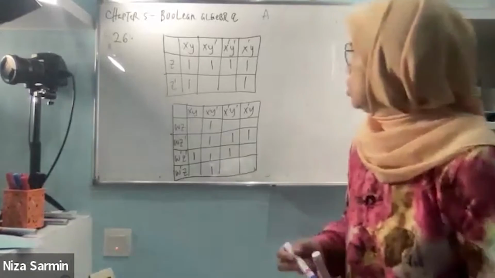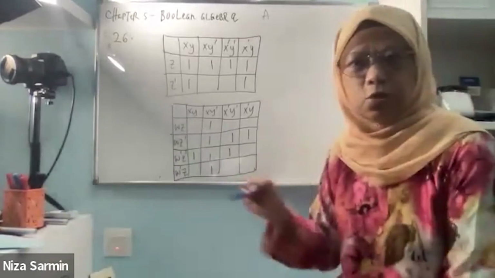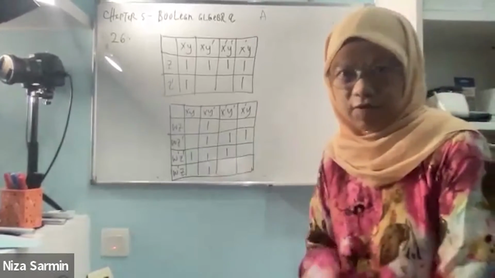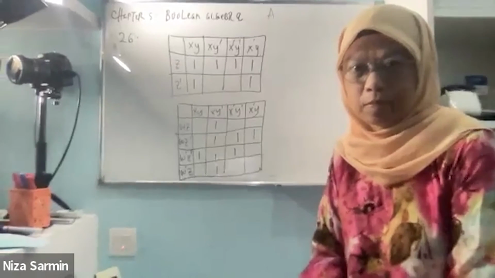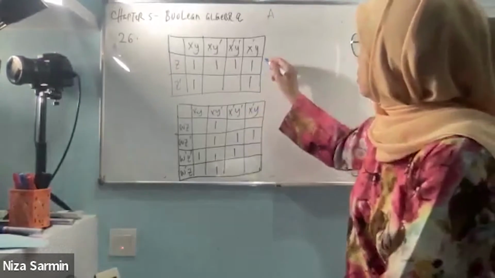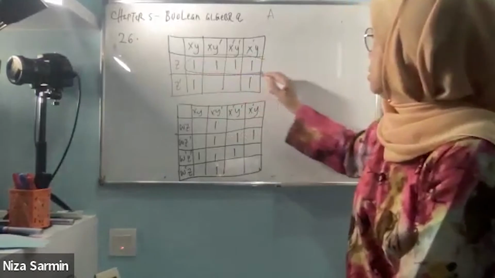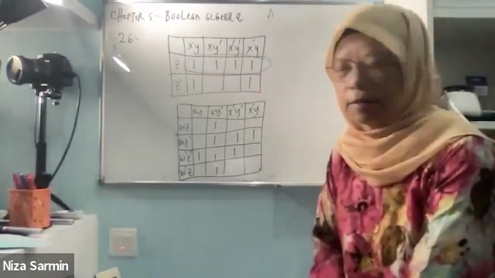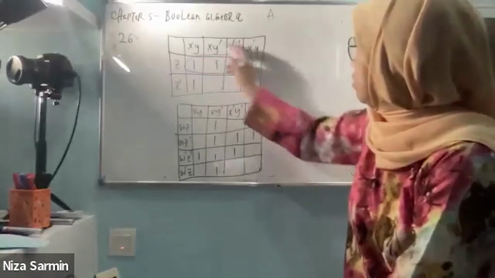All right, so this one, the largest one is the circle of 4. So this is the largest one, and this covers everything.